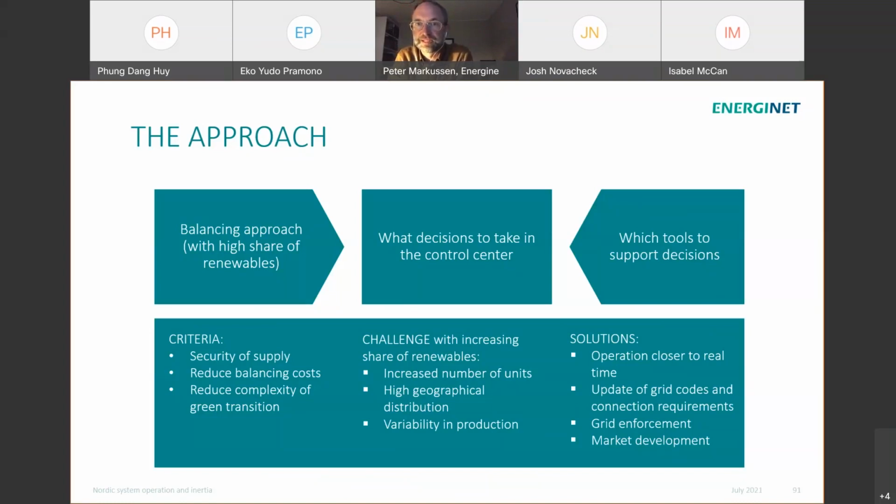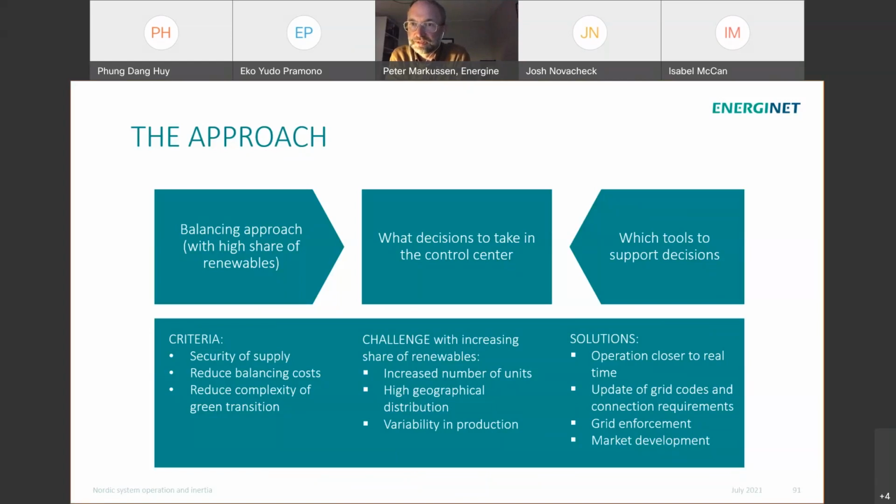So that's a more probabilistic way of looking at security of supply. Then we focus on reducing balancing costs, and then also reducing the complexity of the green transition. That is to say, have a relaxed control center, as we say.